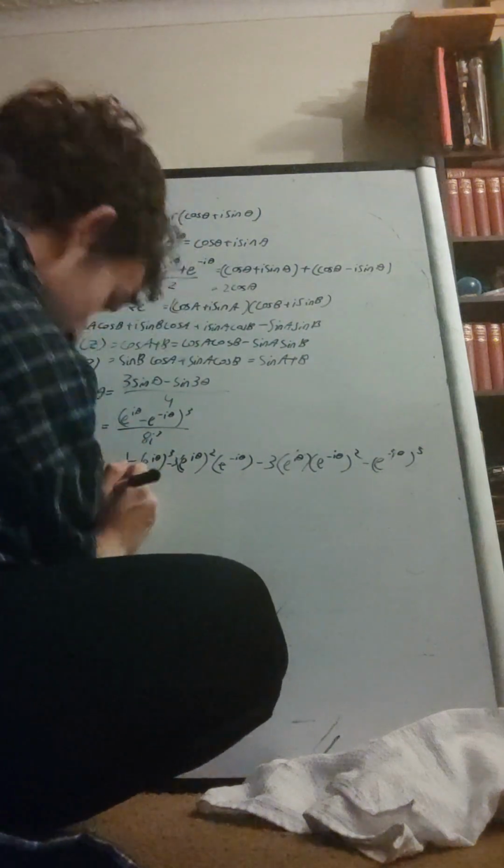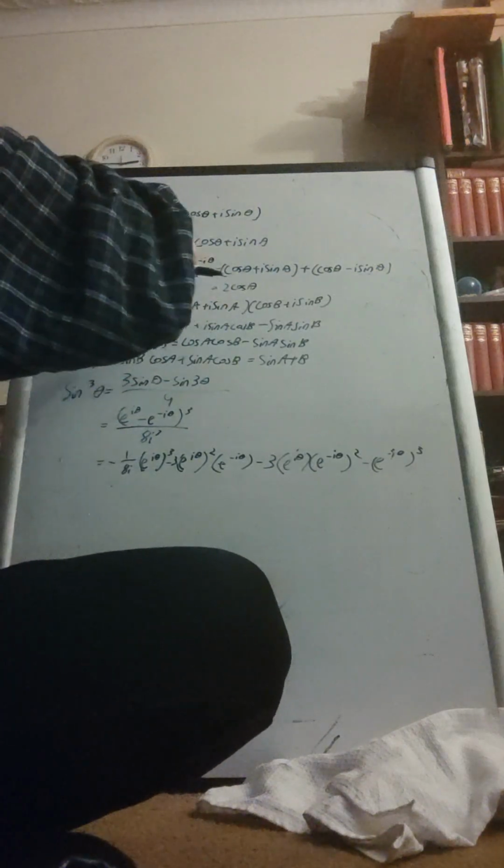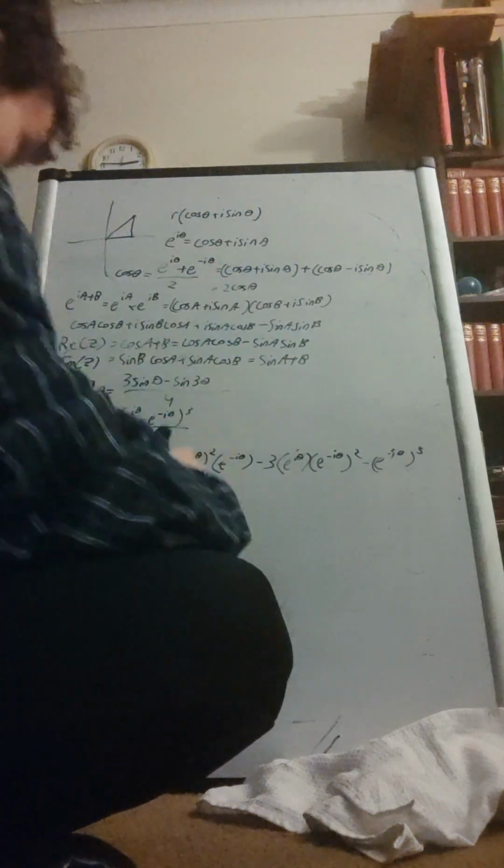Can you even see it? Yeah, you can see it. Taking everything out to get it into the form of this, like I said before, but it would be sine, so it would be e to the i theta minus e to the minus i theta over 2i.